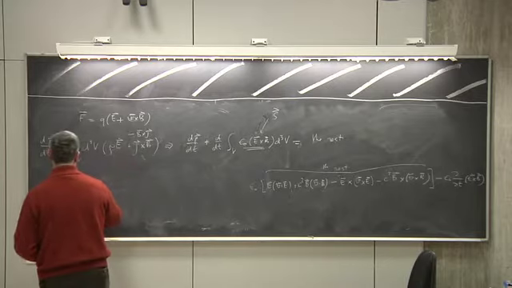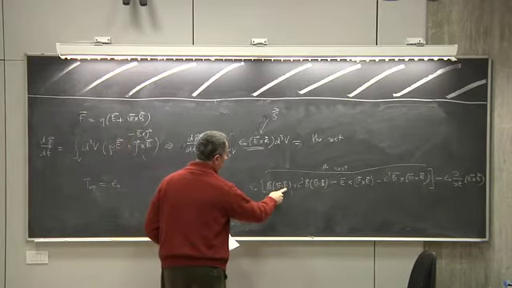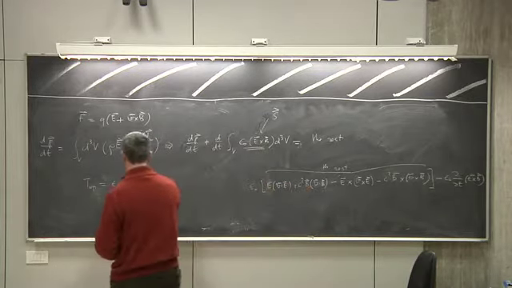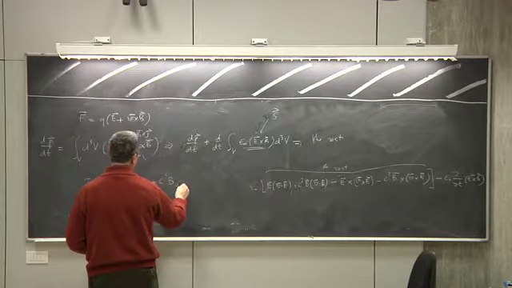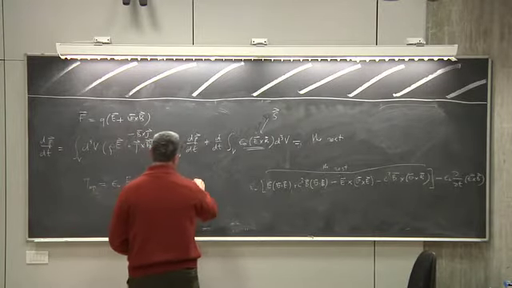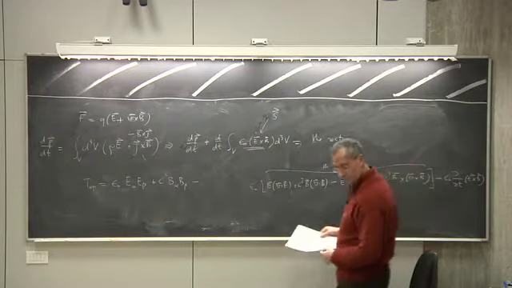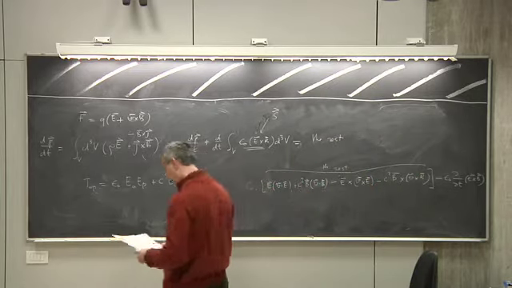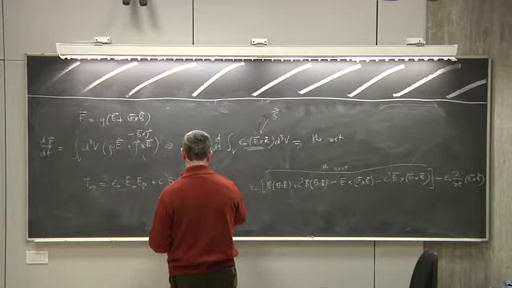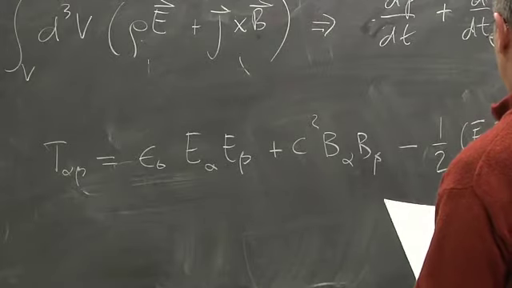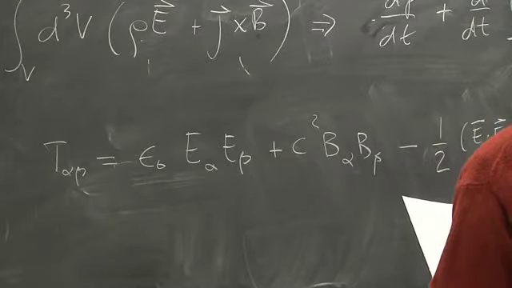Take this tensor, T alpha beta, defined this way: epsilon naught times, then I put here the components of the electric field, E alpha E beta, plus c squared times the components of the B field, B alpha B beta, minus, you see, this part here, let me put it here, minus 1/2 of (E dot E plus c squared B dot B) times delta alpha beta.